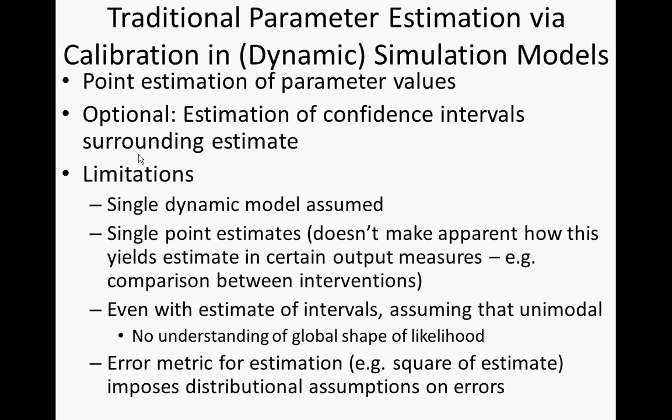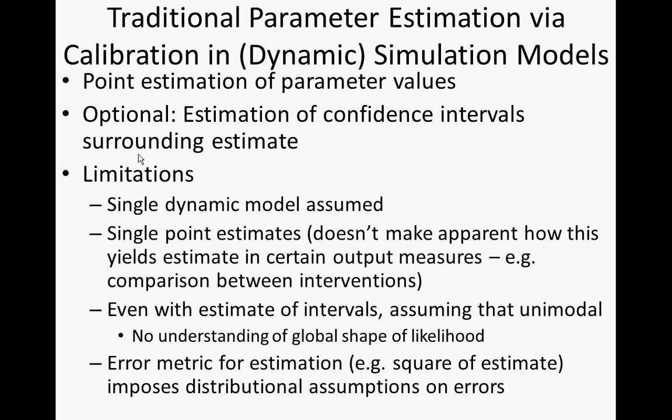Or, for example, the fact that it can only match it closely if A is high and B is low, or vice versa. These sorts of systematic variations in the uncertainty are not really captured within single point estimates. And these uncertainties may have important bearing on the outcomes of interventions.